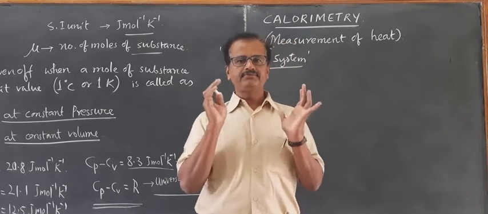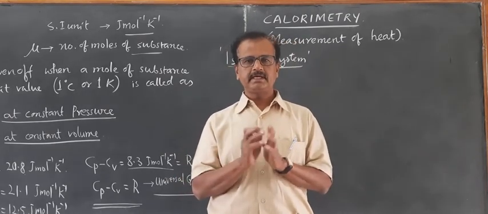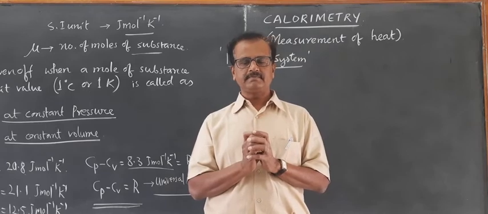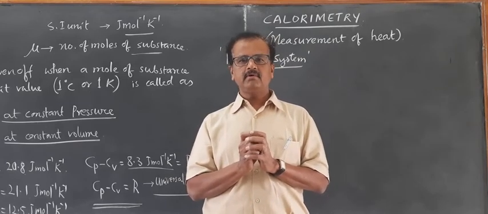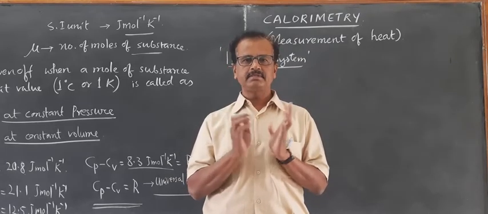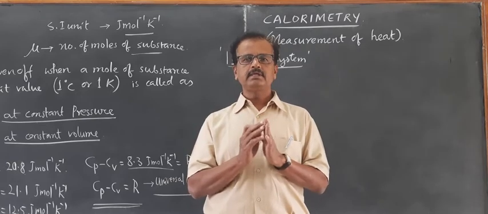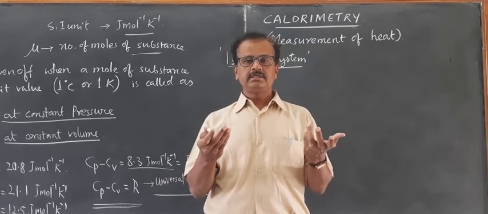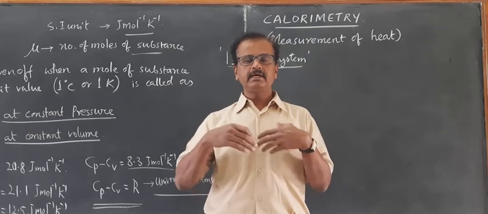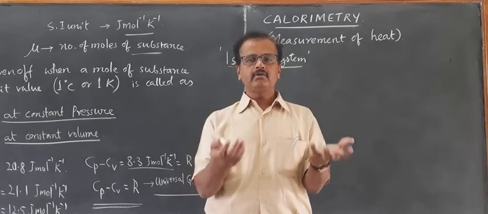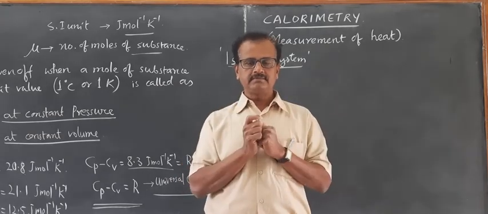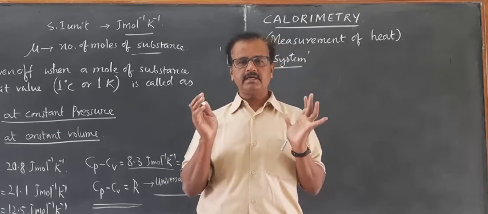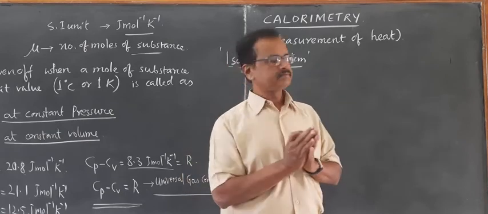It will have a fixed value of temperature. That is called an isolated system. It will neither give out heat nor absorb heat. Such a system is called an isolated system.